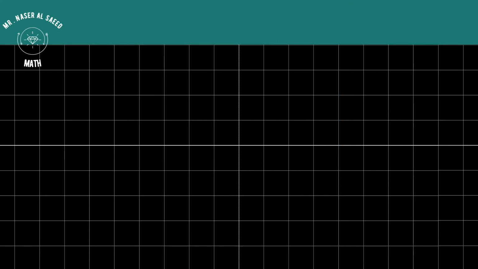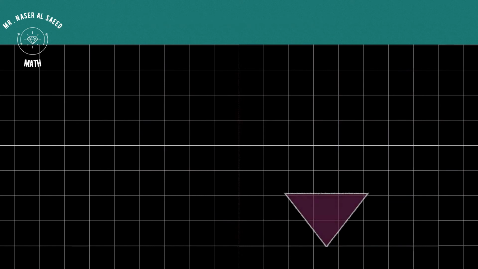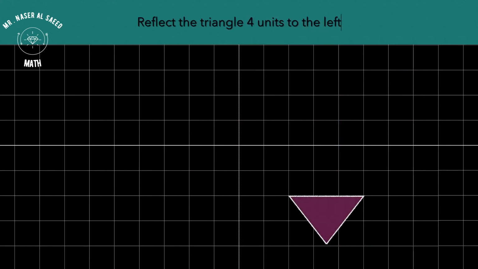Let's try another one. Reflect the triangle 4 units to the left. That's a little confusing, but it means we are just going to find our angle furthest to the left, and count 4 units to the left, and that is going to be our line of symmetry.